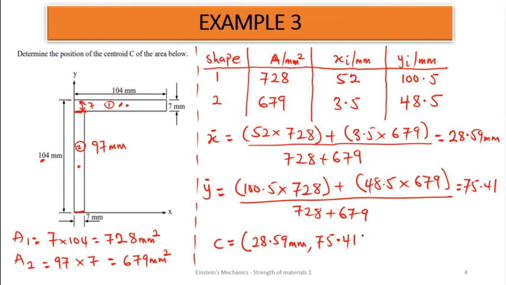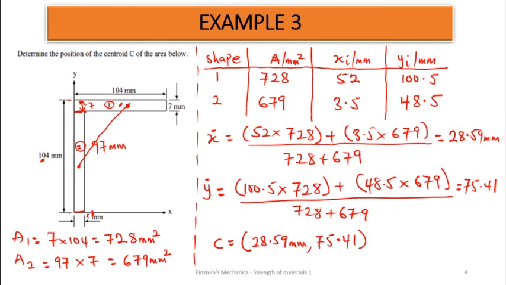Remember, in the second video for composite shape, we said when you are to determine the centroid for two shapes, it will lie on a line which is connecting the center of the two. So let's say this line is connecting the center of the two. It will lie on this line. Let's try to plot this. So 28, you have to move a certain point here because this entire thing is 104.